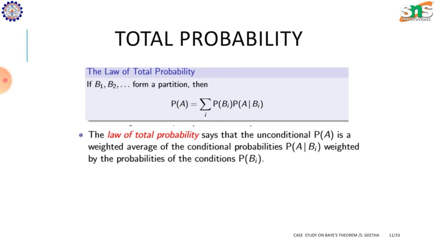The law of total probability: if B1, B2, etc. form a partition, then P of A is equal to summation over i of P of Bi into P of A given Bi. The law of total probability says that the unconditional P of A is a weighted average of the conditional probabilities P of A given Bi, weighted by the probabilities of the conditions P of Bi.